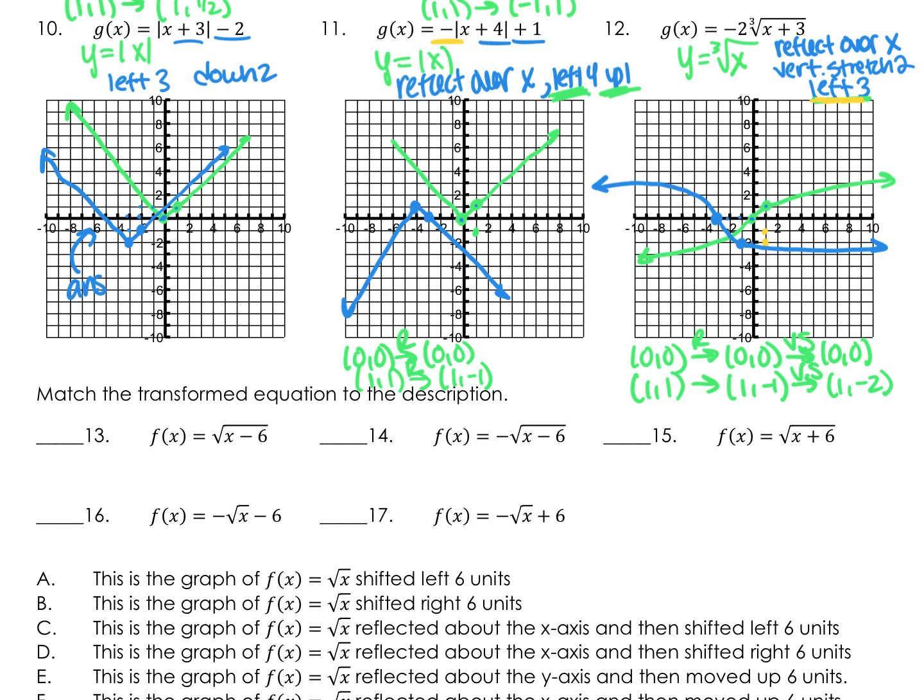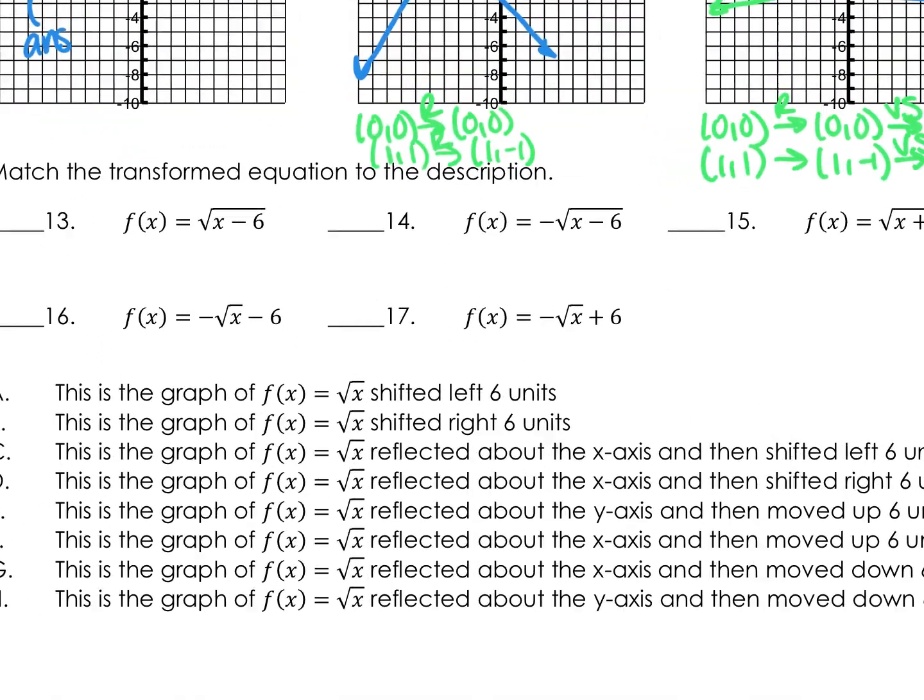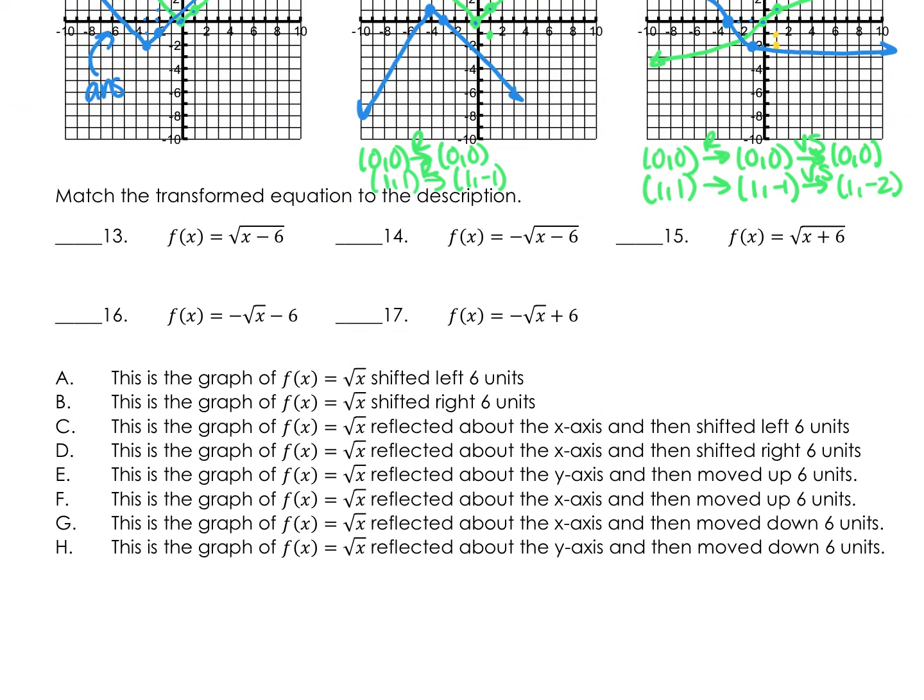All right, lastly, we'll do some matching here. So here, the -6 on the inside means we're going to go right 6 units. So that'll be B. I'm sorry, not right 2, right 6 units.